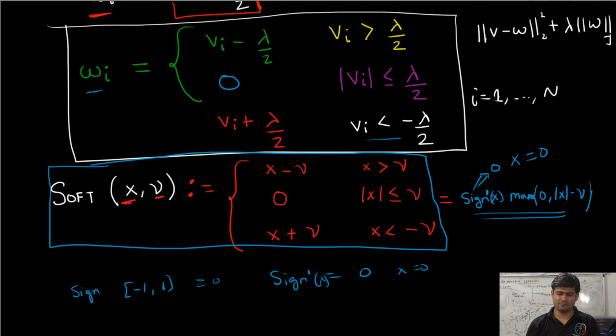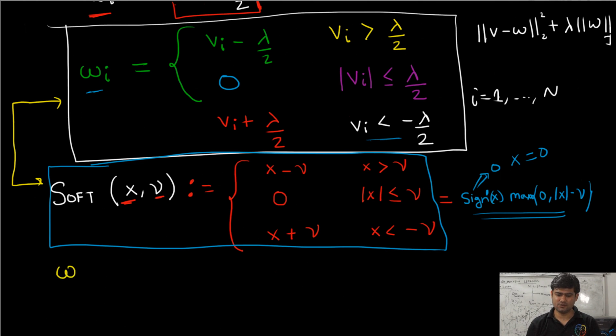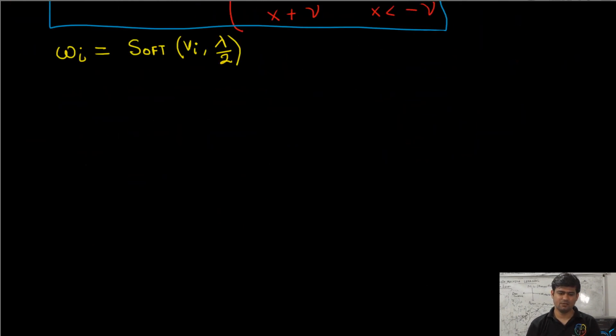So by comparing, we can write Wi as soft of Vi comma lambda by 2.